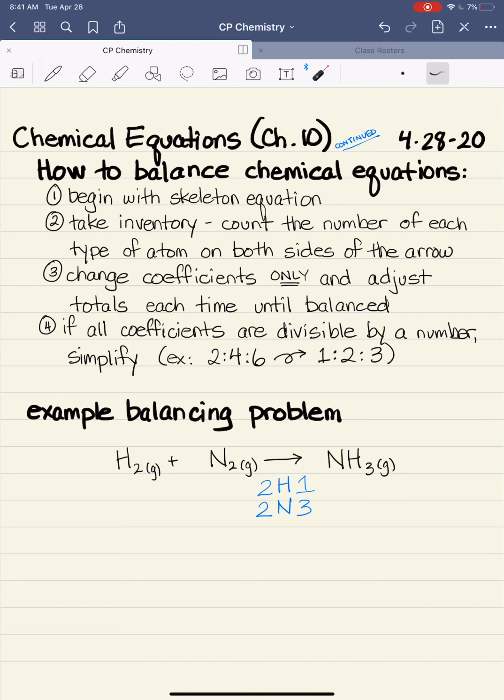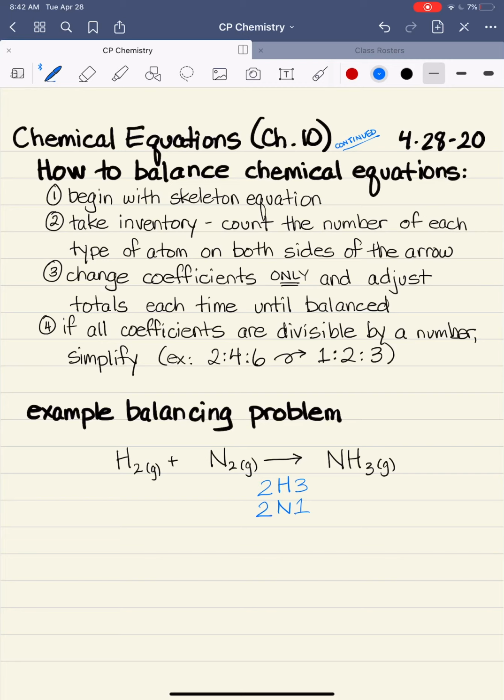We get to start changing coefficients. Oops, I'm so silly. I did the absolute opposite. I had 2 hydrogens. Let me fix that. I have 3 hydrogens, but only 1 nitrogen. I had them in reverse.